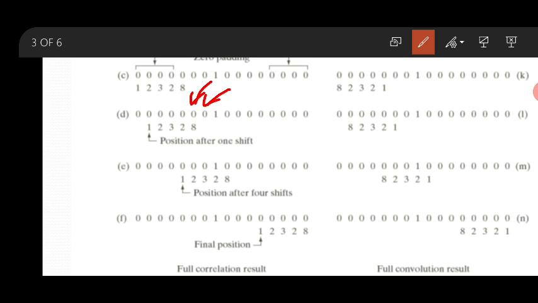Now again, in the third shift, shift these bits. When you shift these bits here, what will happen? 8 will be at this point, next 2 will come, next 3, next 2, next 1. Now you multiply: 1 into 8, because 1 is correspondingly multiplied with 8, you get 8, plus 2 into 0, 0, 3 into 0, 0, 2 into 0, 0, 1 into 0, 0.